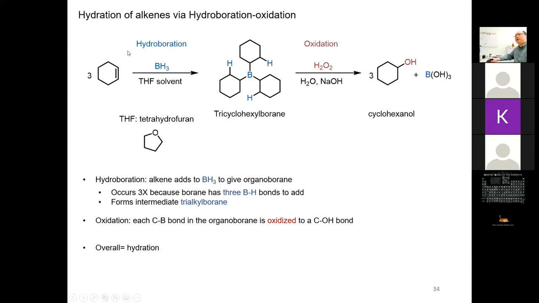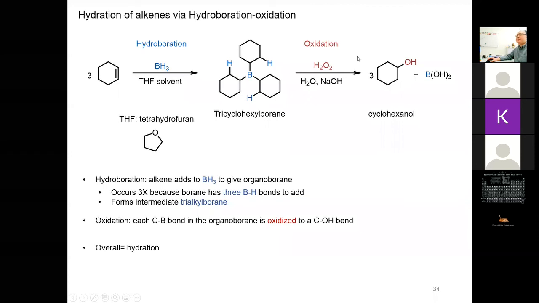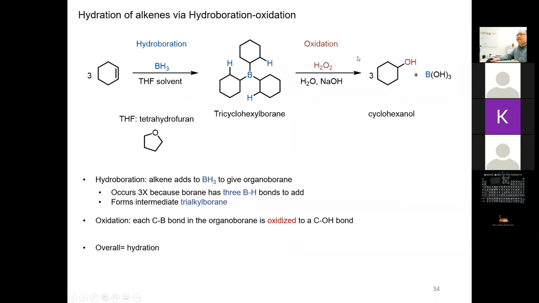So it is also a two-step reaction, and its selectivity is different from the hydration and the mercury reactions. I will talk about this later. But as there is a hyphen in between, this is also a two-step reaction. The first reaction is called hydroboration, and the second reaction is called oxidation. So in the first reaction, it's a hydroboration.